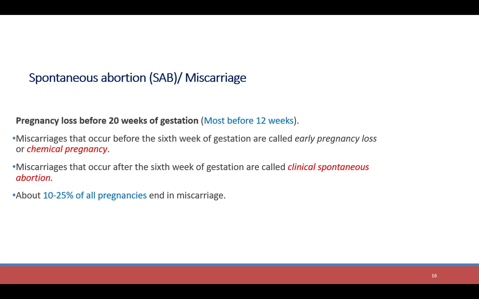There is some terminology like chemical pregnancy if it's done before 6 weeks, clinical spontaneous pregnancy if it's done after 6 weeks, and for all of them it's the same thing. Just an abortion, you don't need to memorize this chemical or clinical.